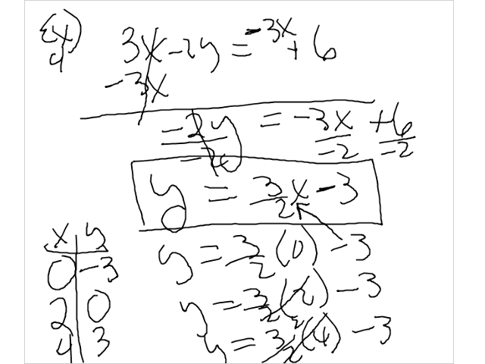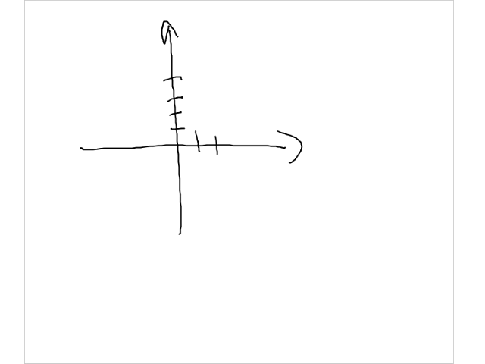Actually, I'll just go ahead and plot them here. That will be one valuable thing to do in terms of our graphing. Okay, so we had (0, -3). Okay, and then we had (2, 0).